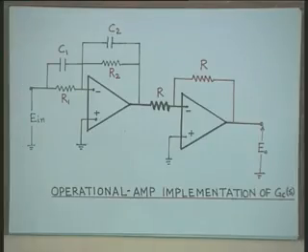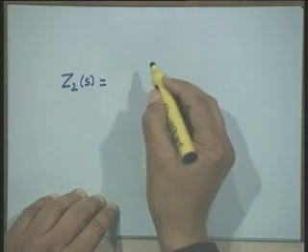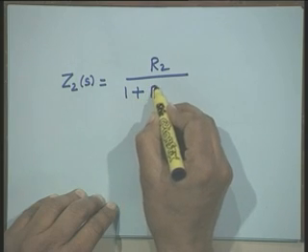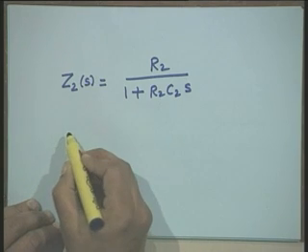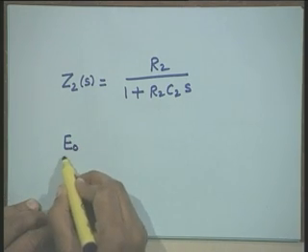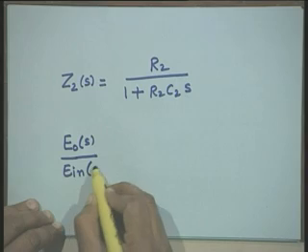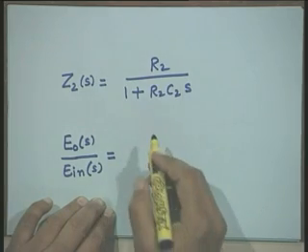Similarly, you can write down the feedback impedance, which I call Z2 or ZF, the operational impedance of the feedback, that can be written as R2 divided by (1 plus R2 C2 S), and therefore, we can write down the transfer function EO(s) divided by EIN(s) as ZF divided by Z1.